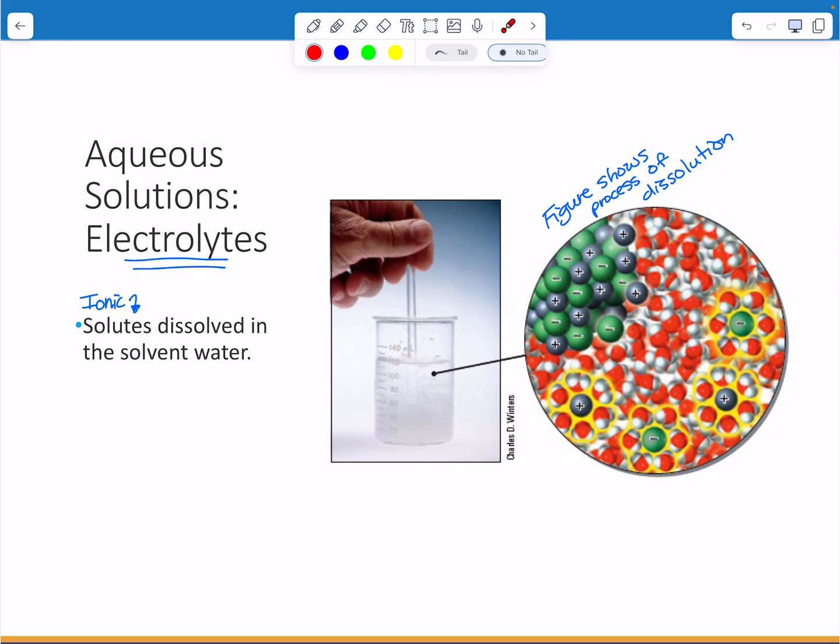And so what you'll see is, this is what the salt crystal looks like when we start to put it in the water. Then as it dissolves, the ions get surrounded by water molecules and they separate.